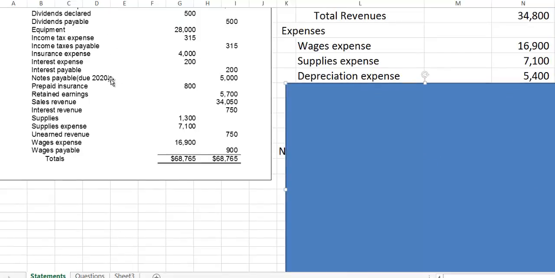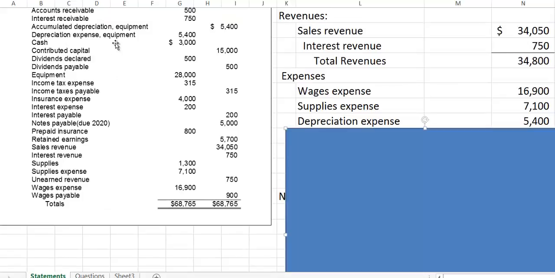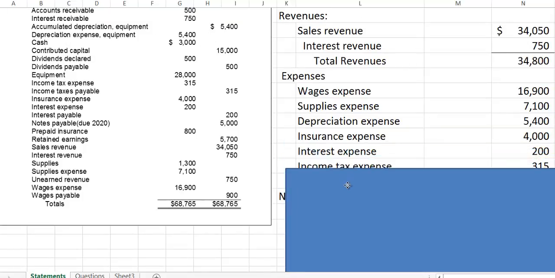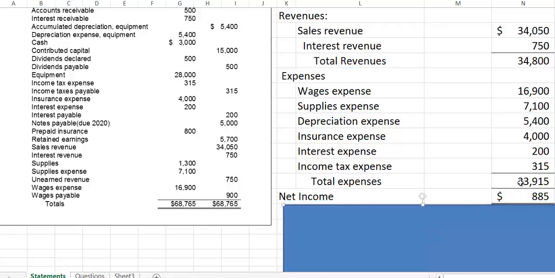We calculated depreciation last time. It's right over here. And we've also got insurance, as we mentioned before, and interest. We've also got income tax expense for $315. We can't forget that.